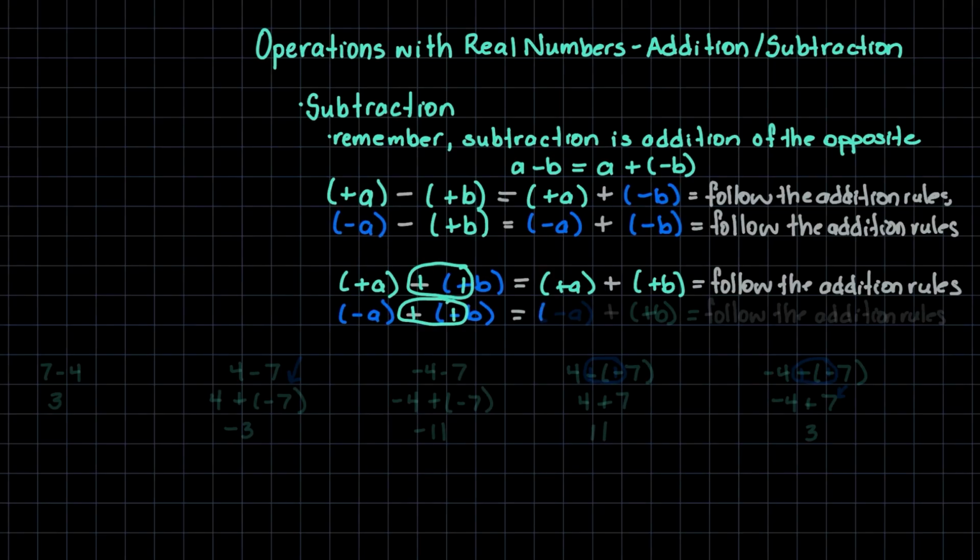So now I have a negative A plus a positive B, which again, we're adding two numbers with opposite signs, one positive, one negative. We follow the addition rules.